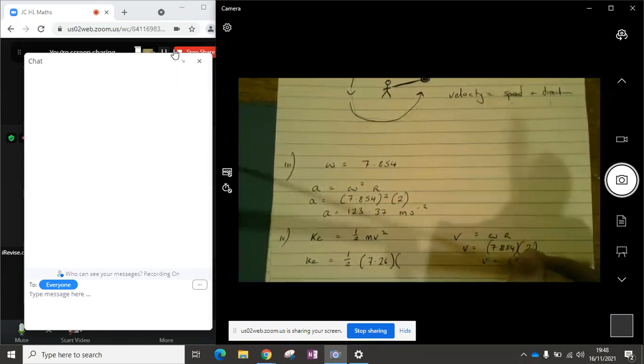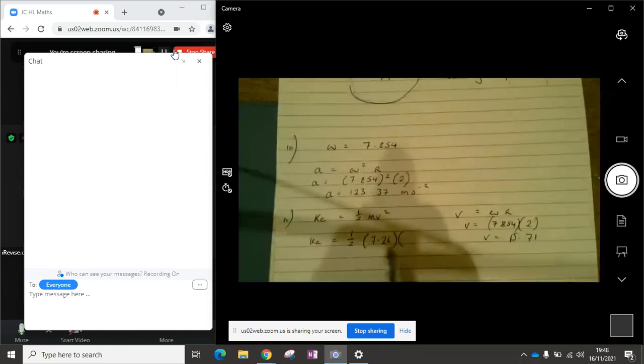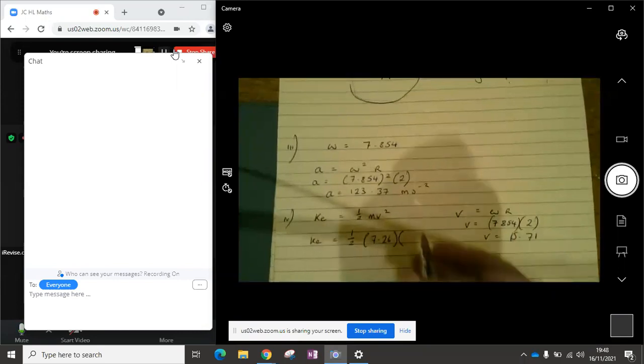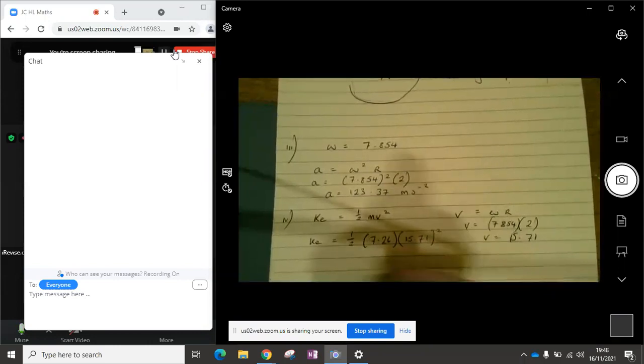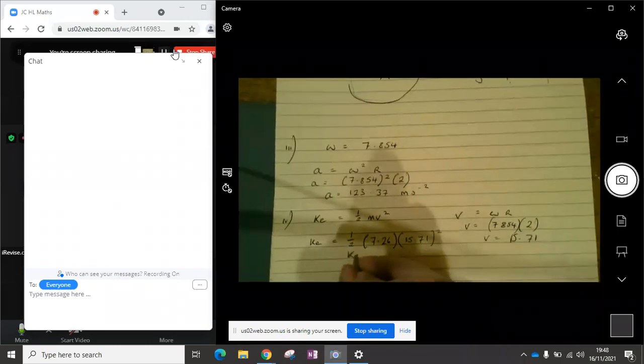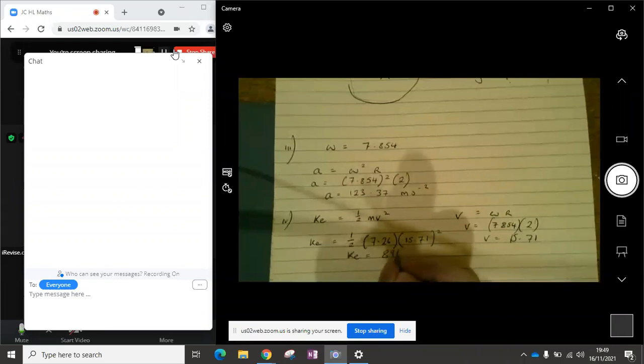V is equal to 15.71. Now, half mv squared: mass would be 7.26, V would be 15.71 squared. KE is equal to half times 7.26 times 15.71 squared. KE, kinetic energy, is going to be equal to 896 joules.